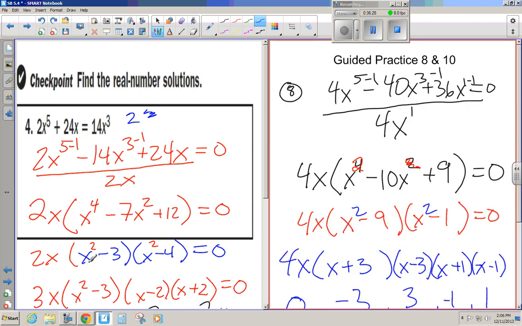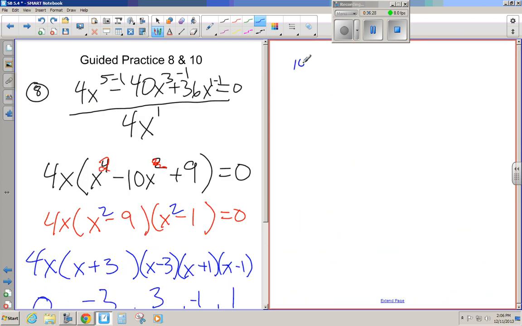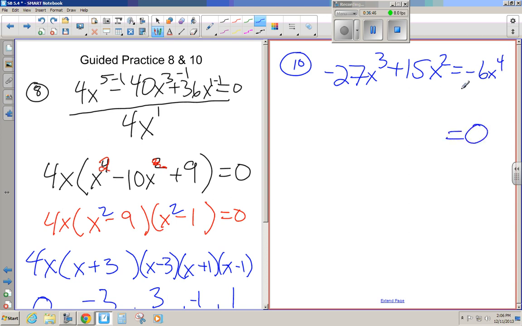Let's also try number 10. Negative 27x cubed plus 15x squared equals negative 6x to the 4th. So putting it into standard form where it's equal to 0, you're adding 6x to the 4th to both sides. 6x to the 4th minus 27x cubed plus 15x squared.